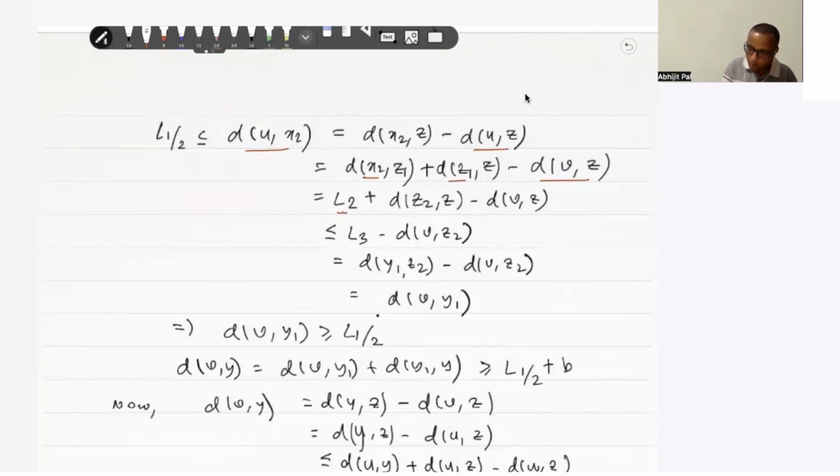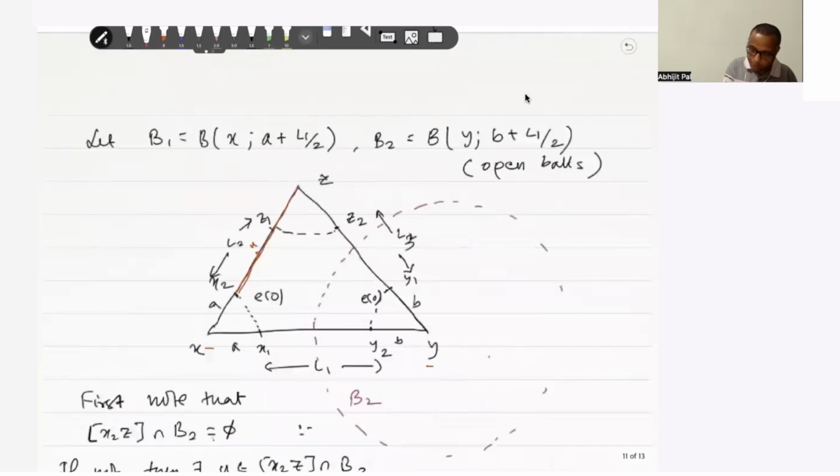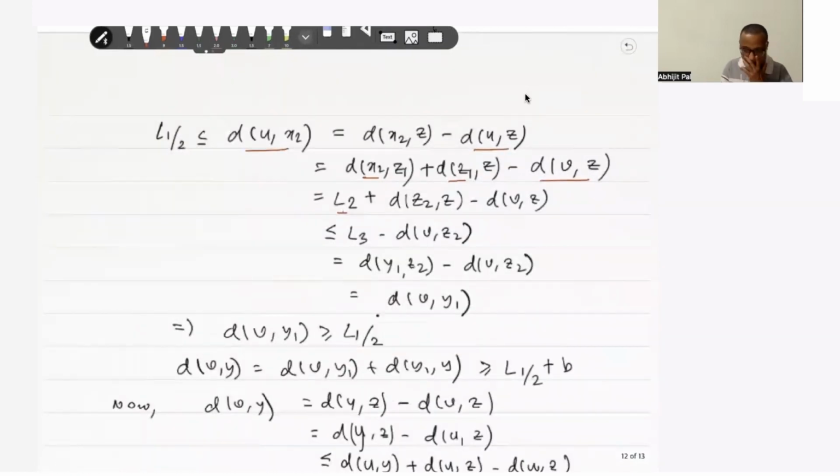And distance between Z1Z is equal to distance between this Z to Z minus distance between VZ. So L2, again, is less than or equal to L3. So this will be minus distance between VZ2.